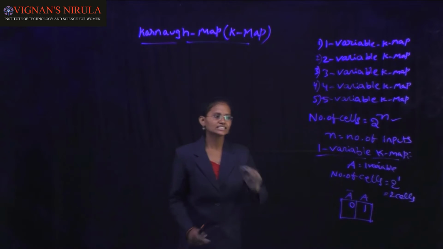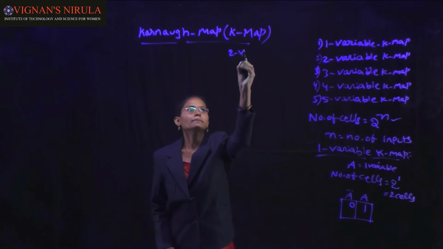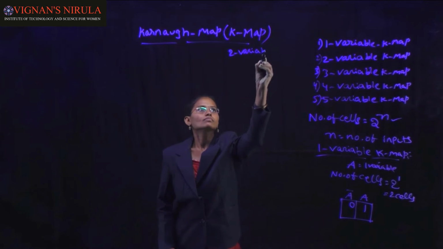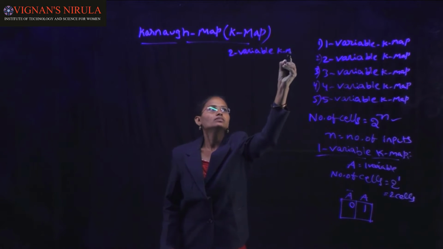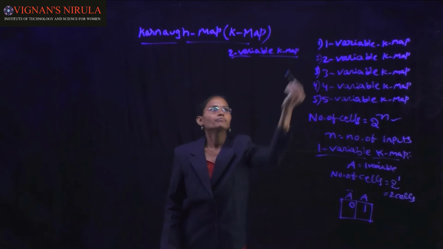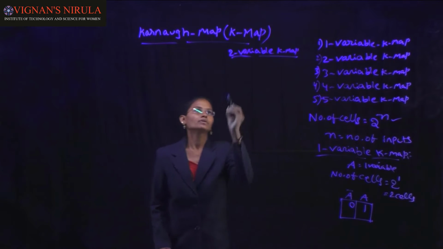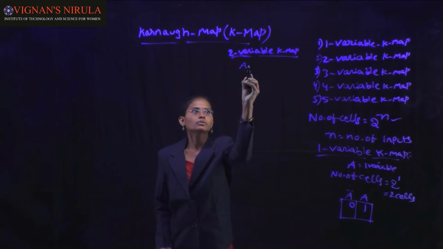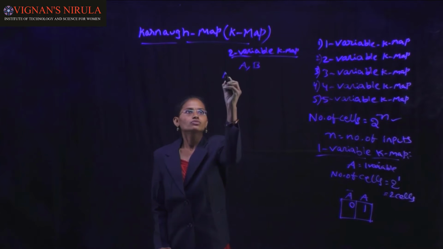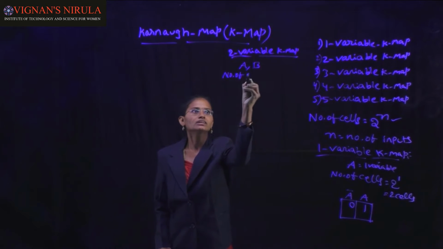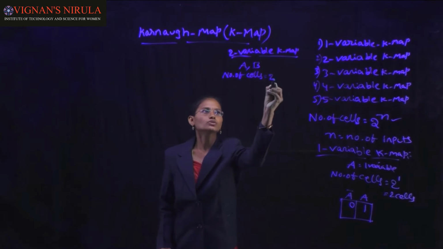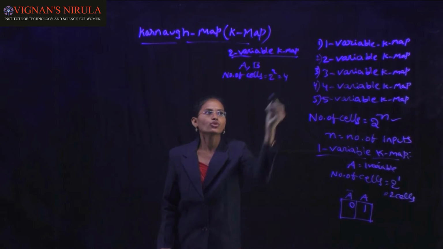And next see the two variable K-map. In the two variable K-map, the input variables are A and B. So find out how many cells there are. Number of cells equals 2 power of 2, that is 4 cells.